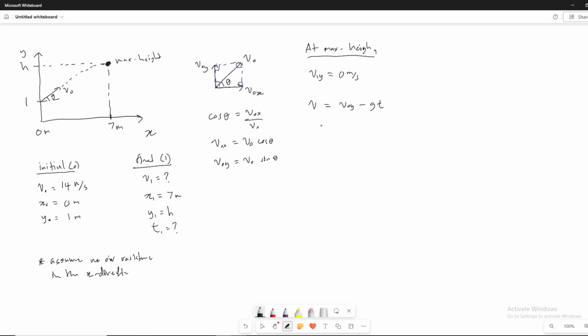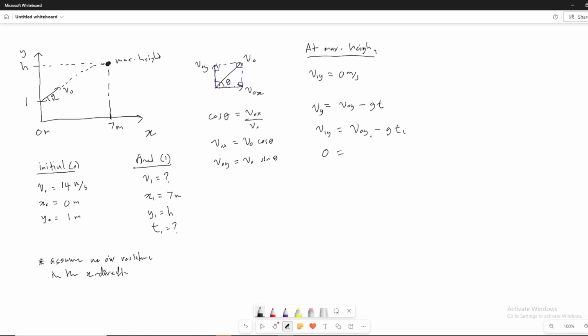So we know Vy equals V naught y minus g t. Here t is t1, so Vy is V1y. At V1y, it is V naught y minus g t1.